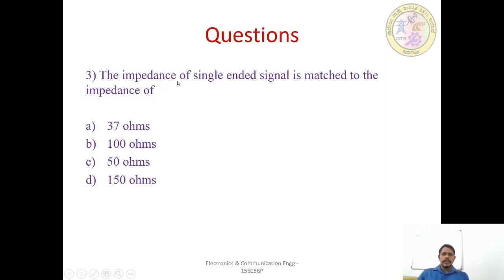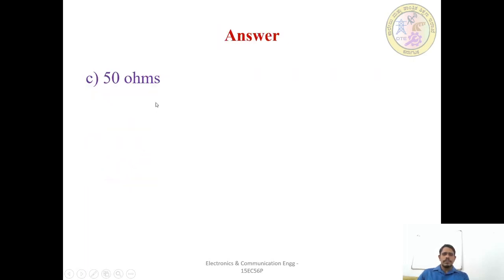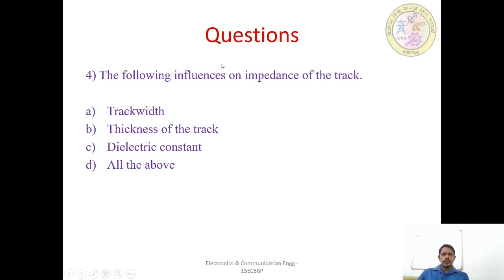Question 3. The impedance of the single-ended signal is matched to an impedance of: A. 37 ohm, B. 100 ohm, C. 50 ohms, D. 150 ohm. The answer is C, 50 ohm. It is almost nearer to the 50 ohms impedance. Fourth question.